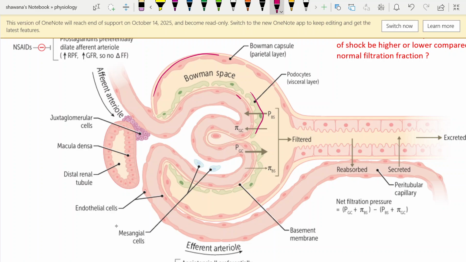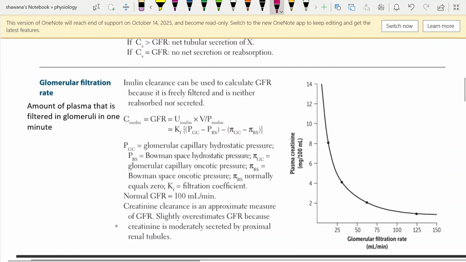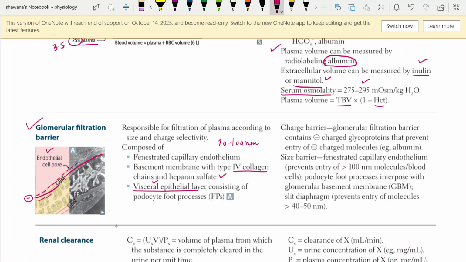First is the endothelial cells, fenestrated endothelial cells to be more specific. Then comes the basement membrane, and then the podocyte layer, which is known as the visceral epithelial layer of the Bowman's capsule. And as I have told you, the filtration barrier contains negative charge, and why is that so? Because albumin is a protein that is very essential to our plasma, and it's of very small size.